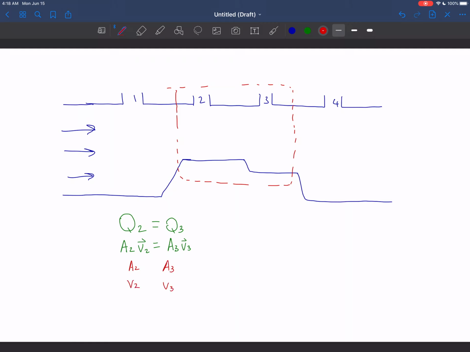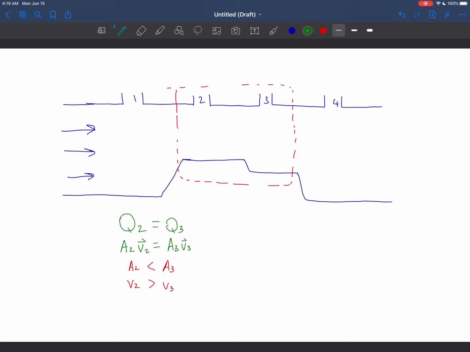I know right off the bat that A2 is smaller than A3. So what does that mean? If this equation has to remain true, then V2 needs to be larger than V3 to maintain that constant. Because as A gets smaller, V gets bigger, or as A gets bigger, V gets smaller. So that's what we have there.